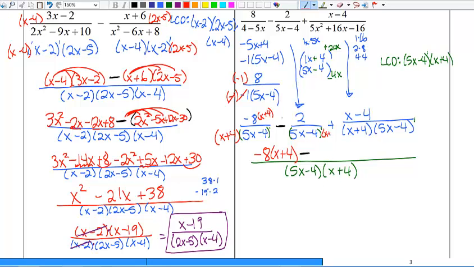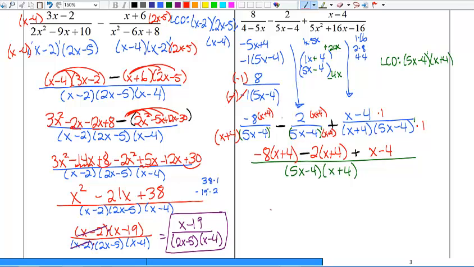So I'm going to multiply by x plus 4 here, to the numerator and the denominator equally. The next operation is plus, so I'm going to put a plus right there. And the third denominator has the x plus 4, and it has the 5x minus 4. There's nothing missing here, so you can multiply by 1 or basically just bring it down.